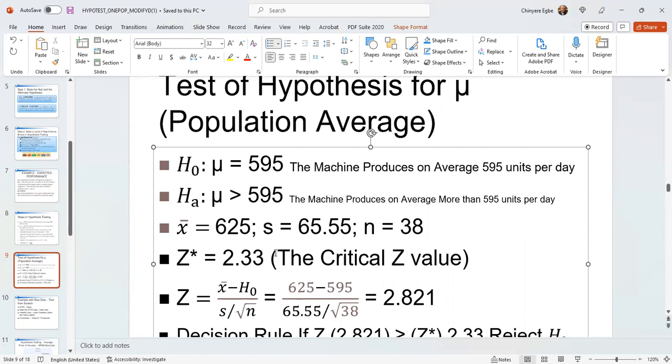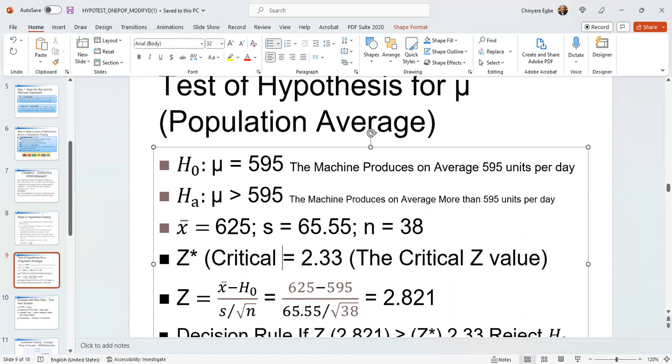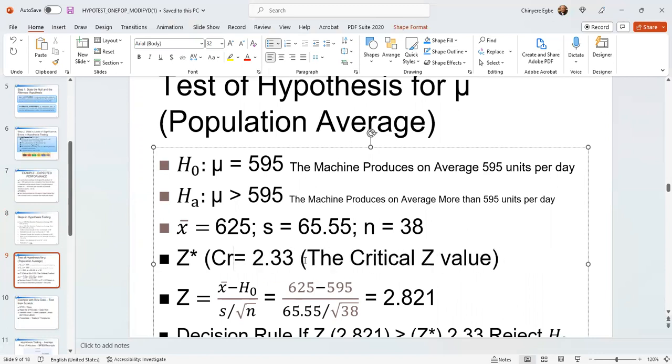And from the last time, we showed that for a level of significance of 0.01, the critical Z, and this is what you call the critical Z, the critical Z value is 2.33, okay?